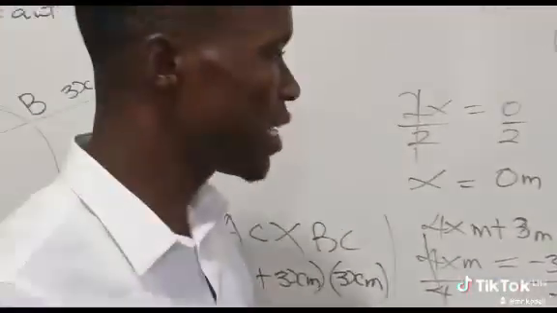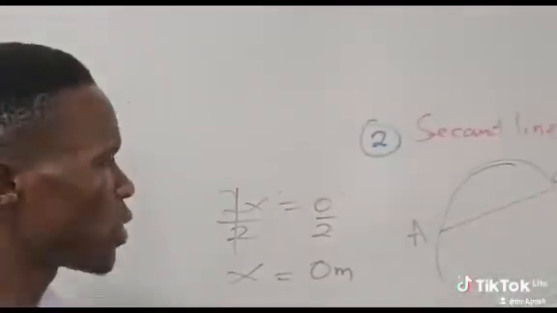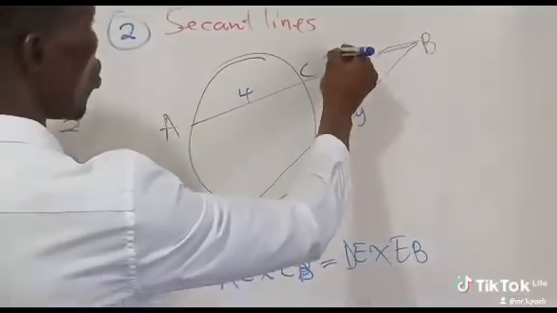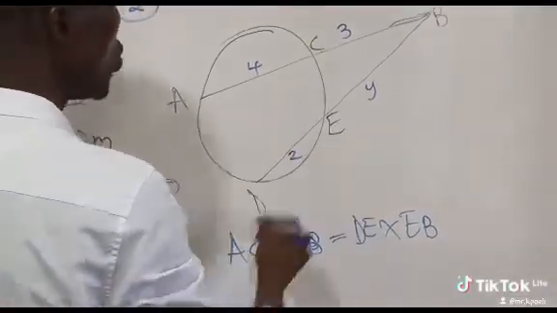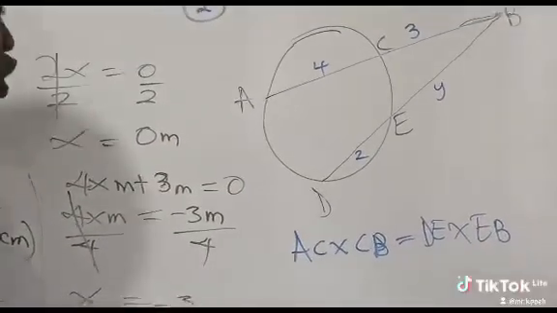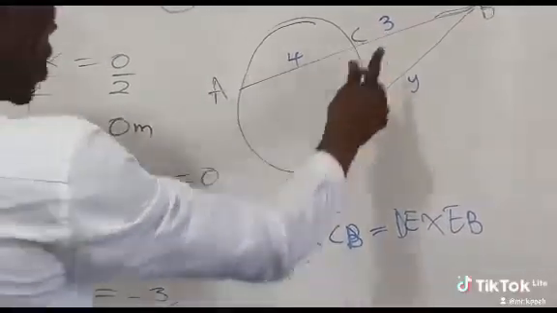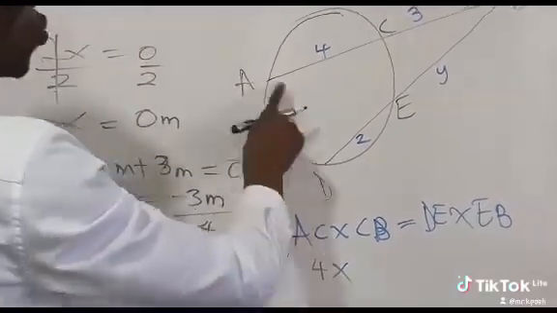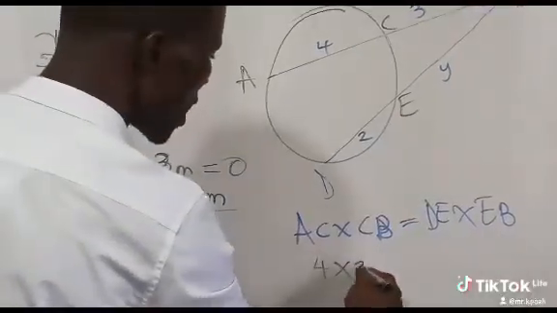So from this point, you can try something, right? Let's put Y here, we'll go 4, 3, maybe 2 here. Then they say find the value of Y. In this case, we know very well that AC is 4. So we'll put 4 there times CB, which is 3.